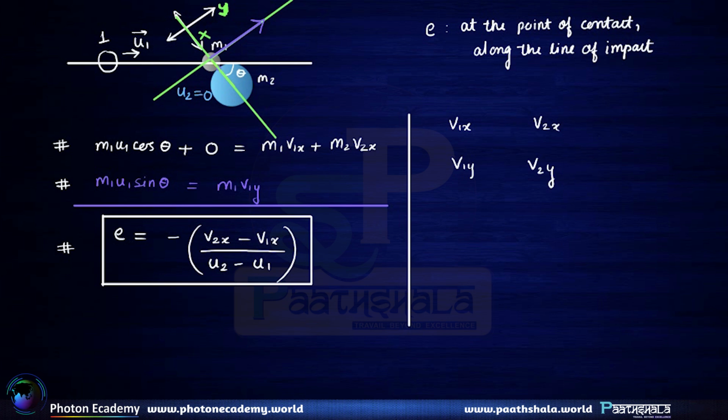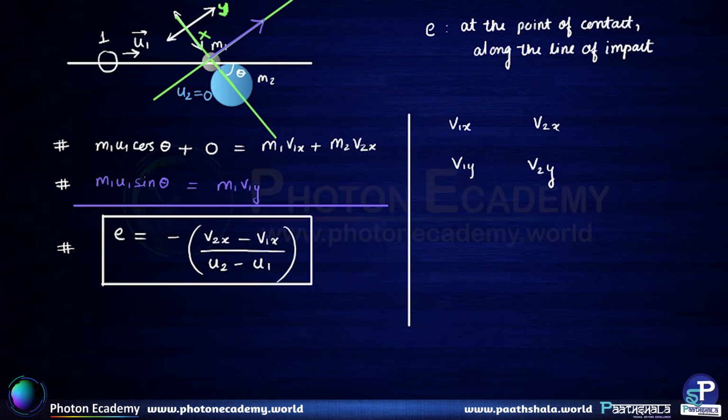Whereas the momentum conservation equation will give us essentially two equations. One is momentum conservation along x direction, one is momentum conservation along y direction. And the coefficient of restitution equation will give us another equation.